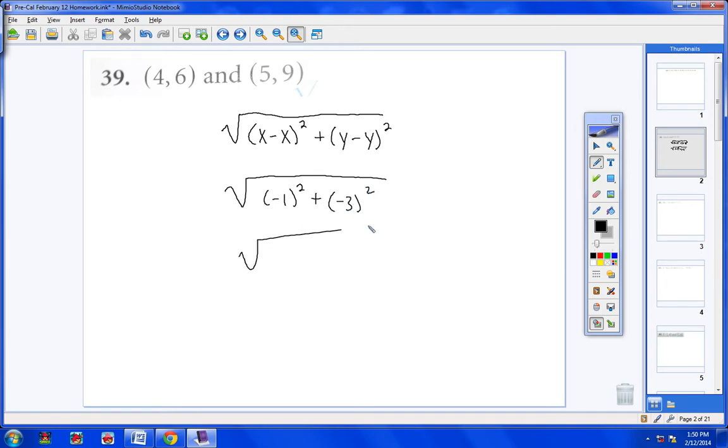If you square a negative 1, that's a 1. If you square a negative 3, that's a 9. And 1 plus 9 would be square root of 10. Which when you type that into your calculator and round to 3 decimal places, you get 3.162. On a test or a quiz, I would accept either one of those 2 answers.